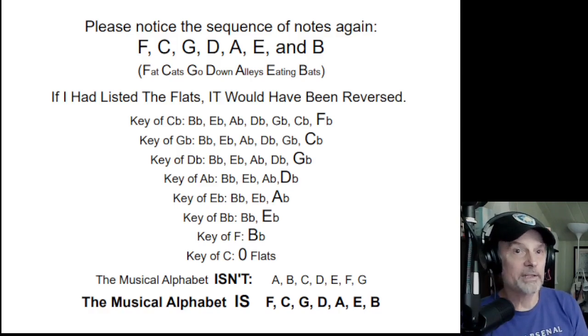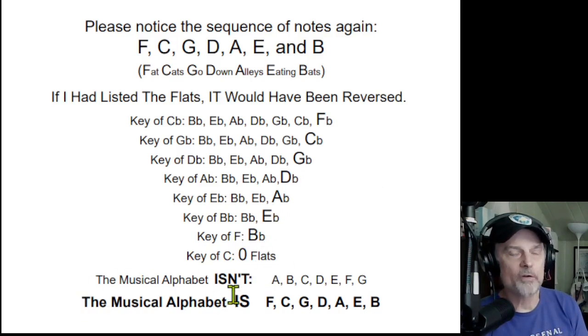Now, if I had listed the flats, it would have been reversed. We would have started with 7 flats and we lost F. Then we had 6 flats and we lost C. We had 5 flats and we lost G. 4 flats and we lost D. 3 flats and we lost A, 2 flats and we lost E and B. Notice F, C, G, D, A, E, B. And of course C has 0 flats.